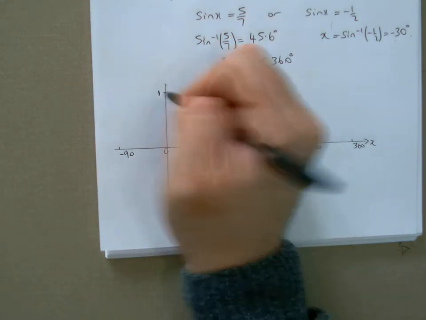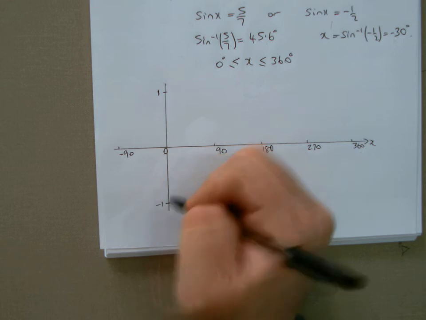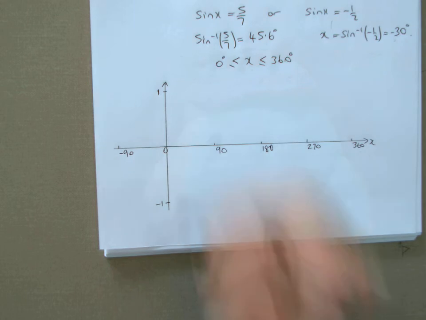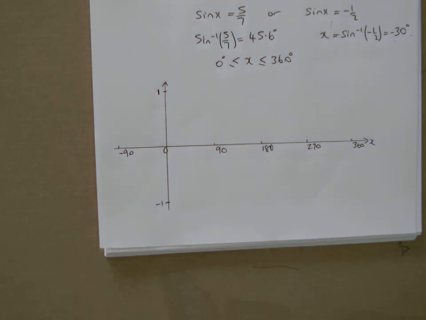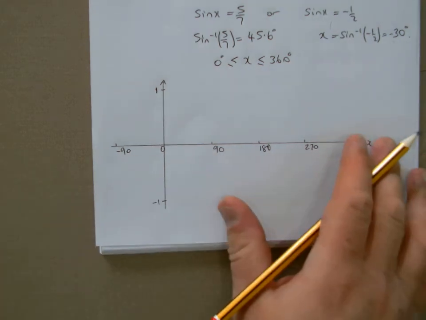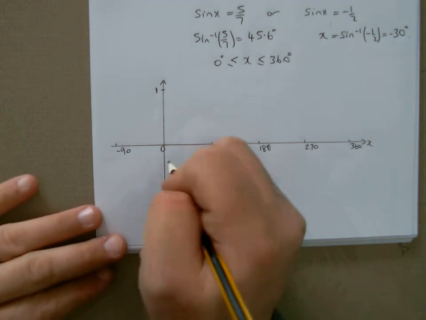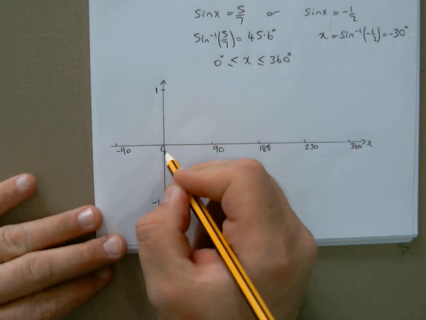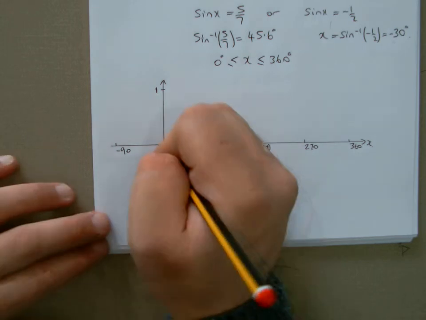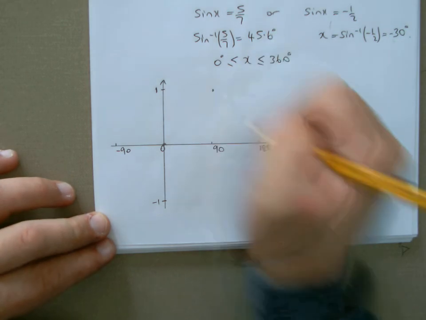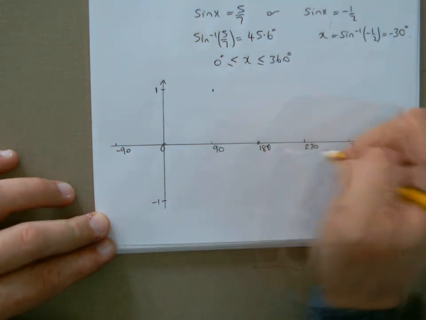Remember, the most sine can be and the least it can be are 1 and minus 1. It cannot go above 1, and it cannot go underneath minus 1. When it comes to drawing a sine graph, you know what it looks like, but in the exam you can always check where the curve goes through. When x is 0, sine 0 is 0. Sine 90 is 1. Sine 180 is 0.